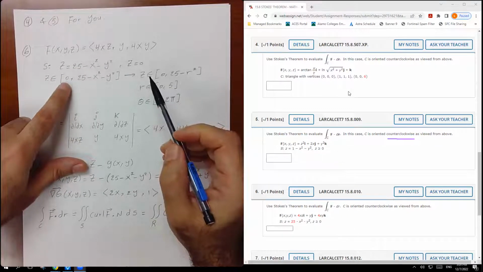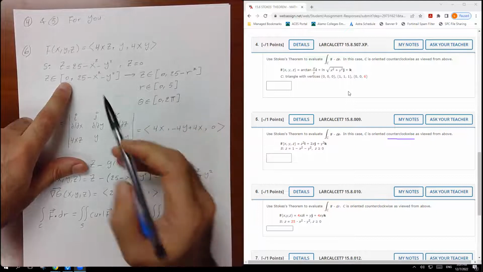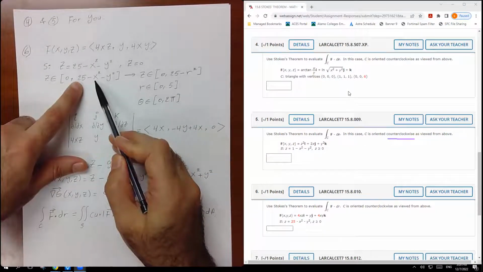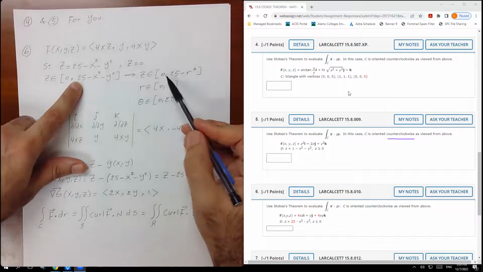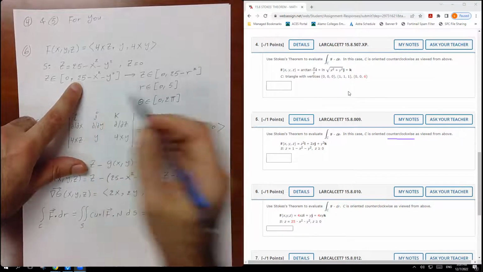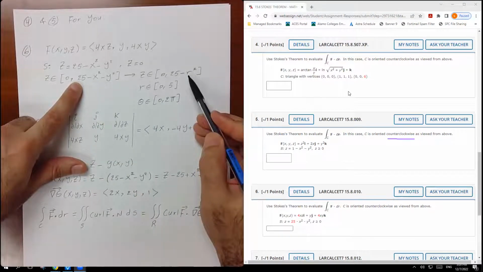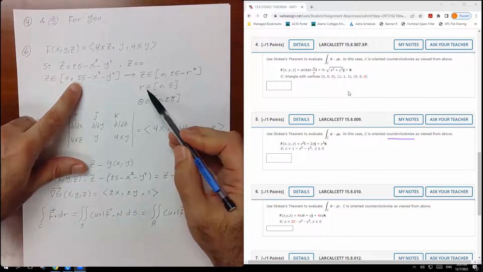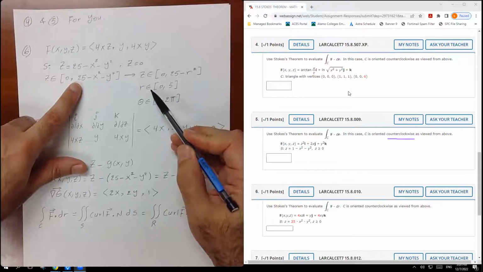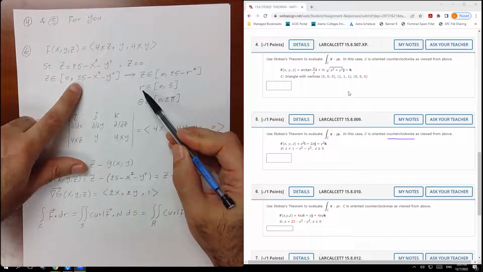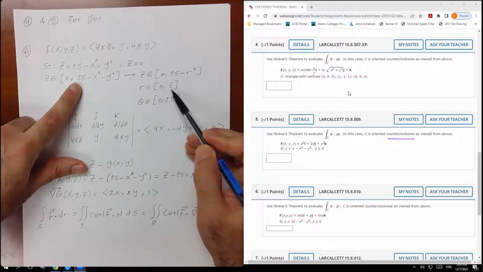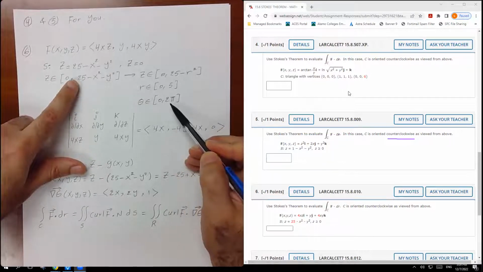That means z belongs to 0 and 25 minus x squared minus y squared, which is the circle, 25 minus r squared, and because the radius is going to be 5, r belongs to 0 and 5, and theta between 0 and 2 pi.